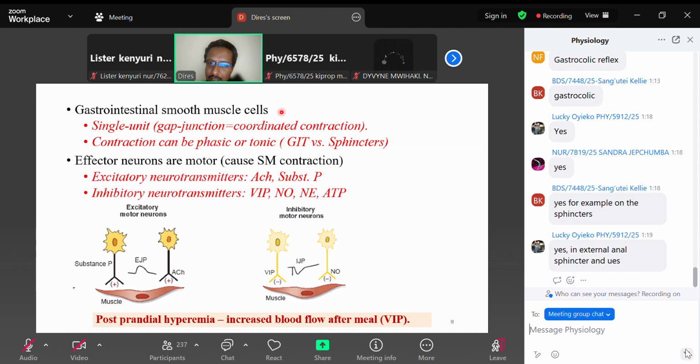Inside there is internal, outside there is external. The external one is skeletal. We can voluntarily contract and relax so that we can delay defecation. So at the entry and exit point, the muscles are skeletal, just to control ingestion, to control defecation. That is one thing that you need to know.